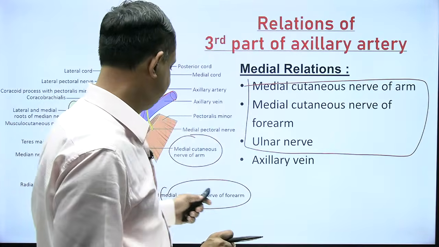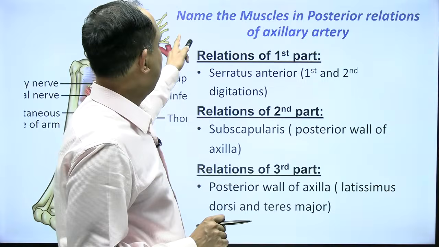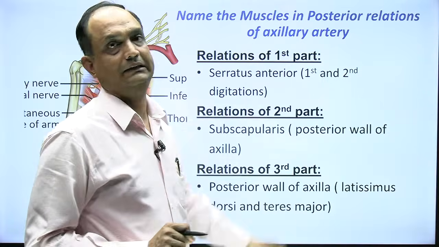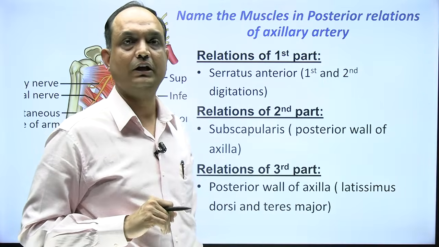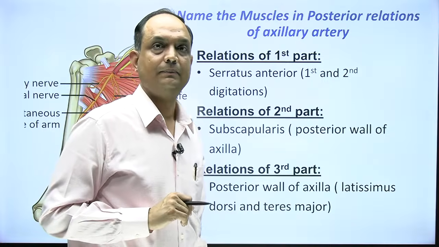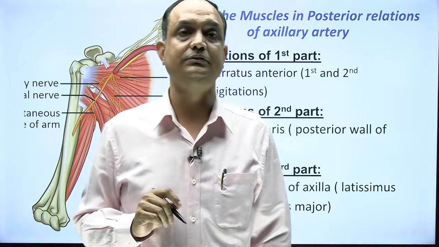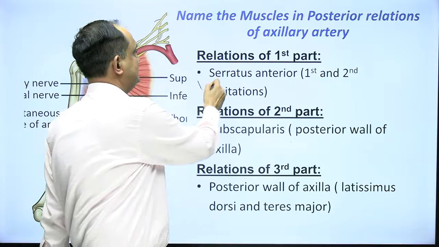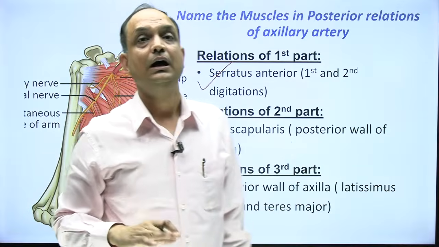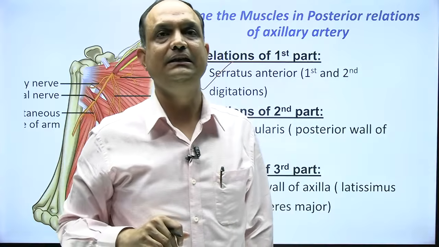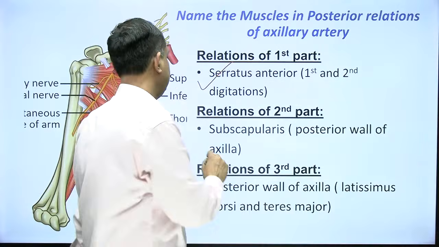Clear? Then name the muscles in the posterior relation of the axillary artery. So what are the muscles you are able to see in the posterior relation? The first part lies on the chest wall, where posteriorly you will have the upper two digitations of serratus anterior. Then the second part lies along the upper part of the posterior axillary fold. That means you will have subscapularis.